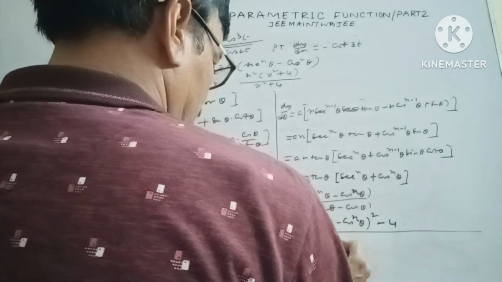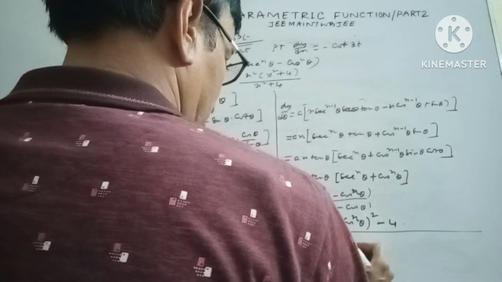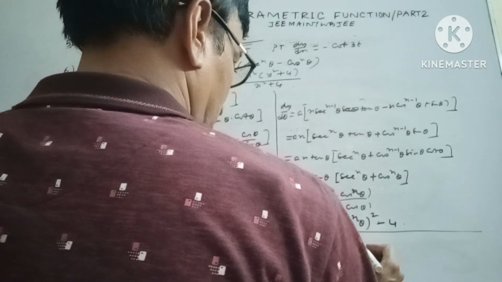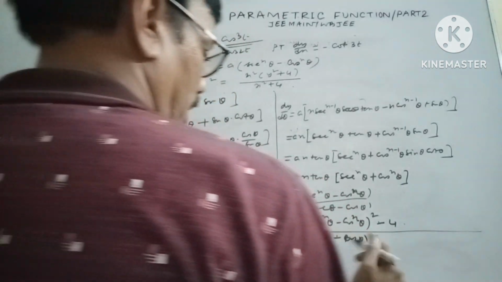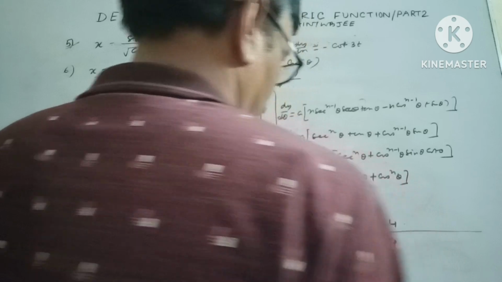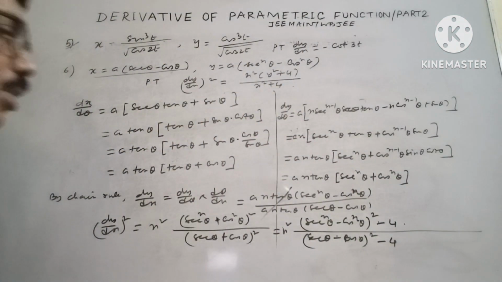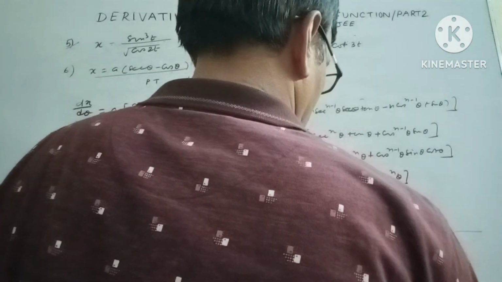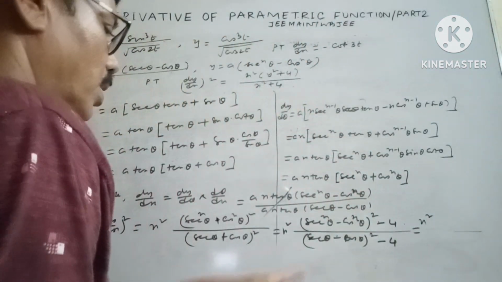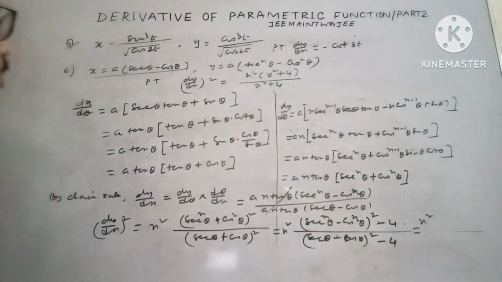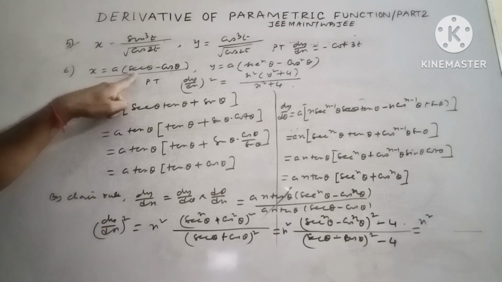Then this one is sec theta minus cos theta whole square, a plus b whole square, a minus b whole square minus 4. Now look, this one is n square into sec to the power n theta minus cos to the power n theta.